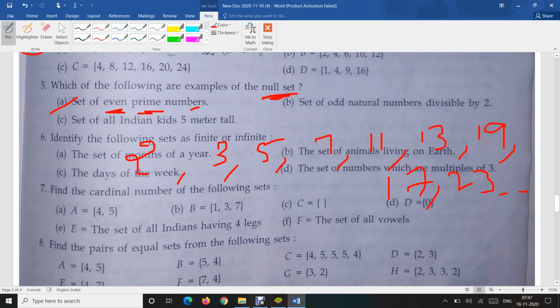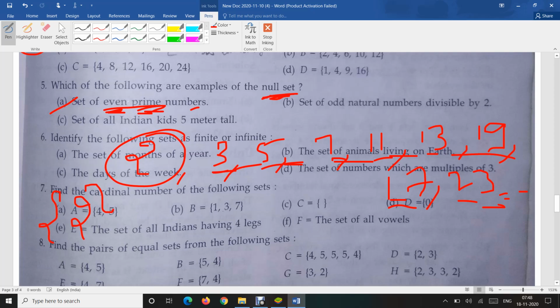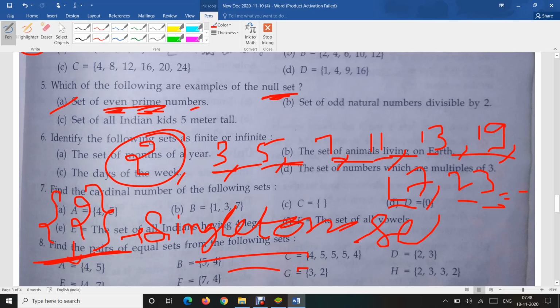But all these numbers are odd numbers, and 2 is the only prime number which is even. So the set of even prime numbers contains one element, which is 2. So this is a singleton set. But it is asking about the null set, so this is not the null set.